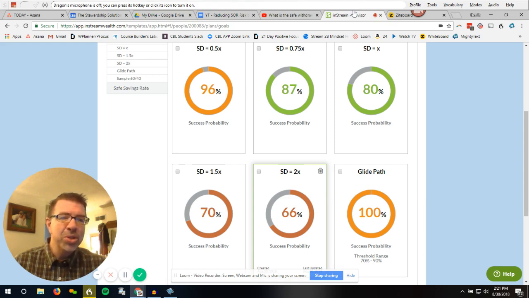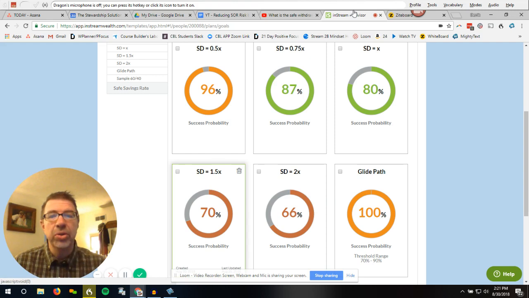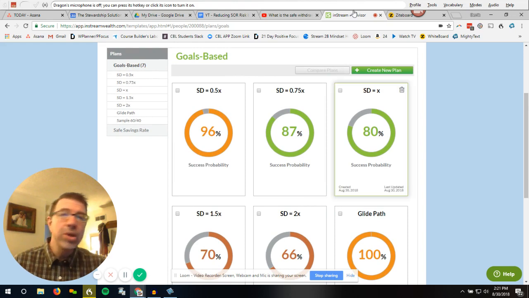There's only a 66% chance of the money lasting. What if the standard deviation is 1.5 times the average return? Well, it's a 70% chance. We kept reducing the standard deviation. We didn't reduce the return at all, it stayed at 7%, but we reduced the standard deviation.